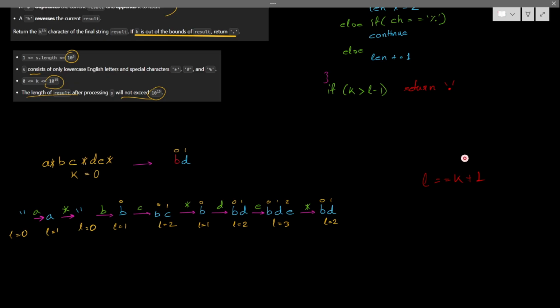In this case, whenever my L becomes equal to K, I will stop. It is possible when my current index is a character. Why? See here, my result contains only English lowercase letters, no star, no hash, no asterisk, no modulo.